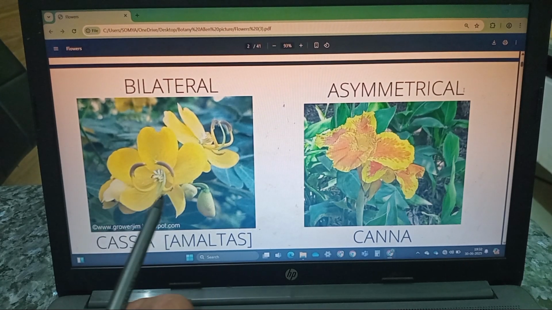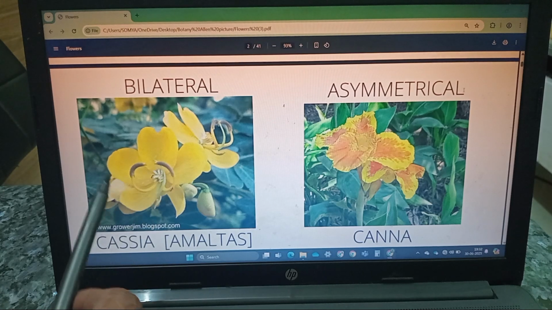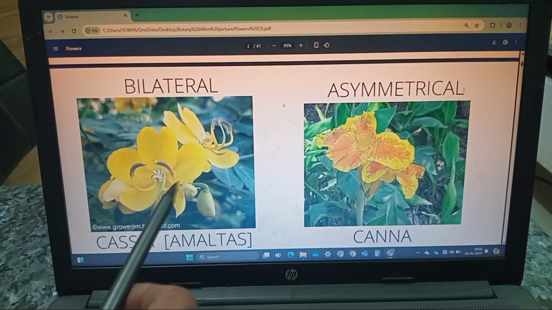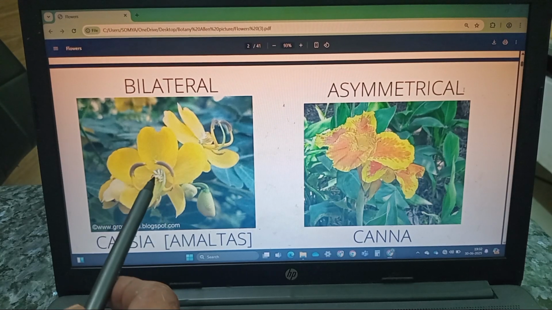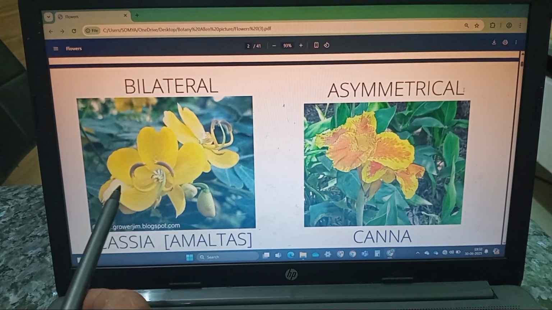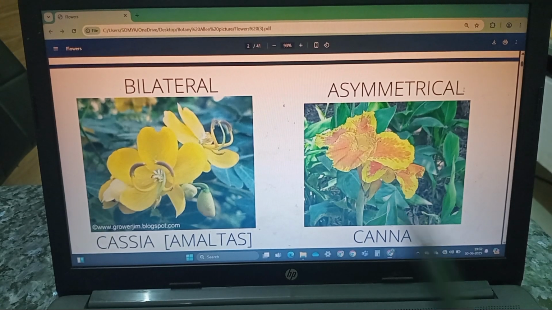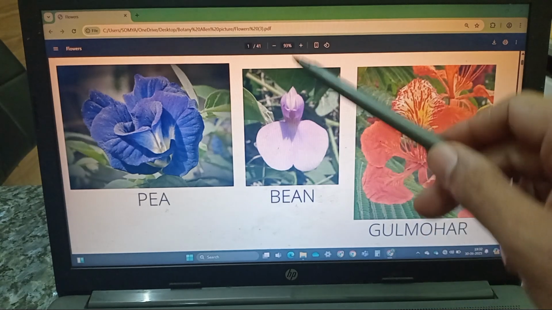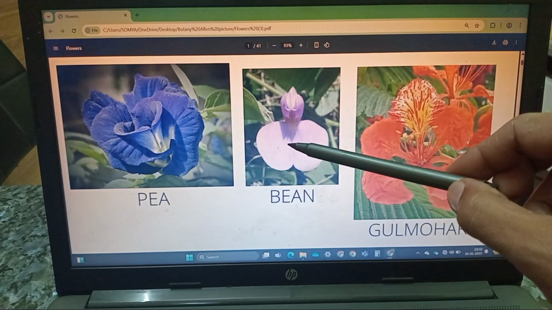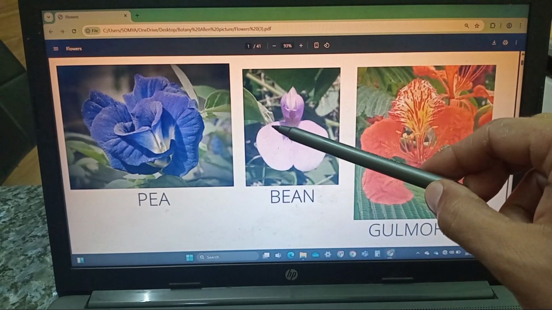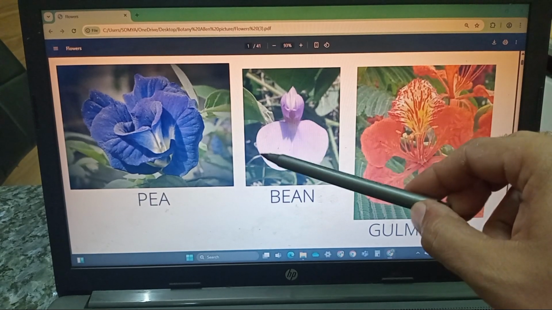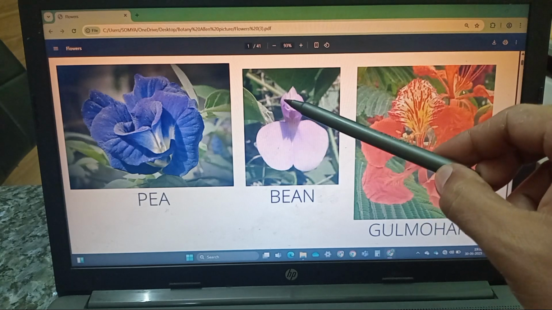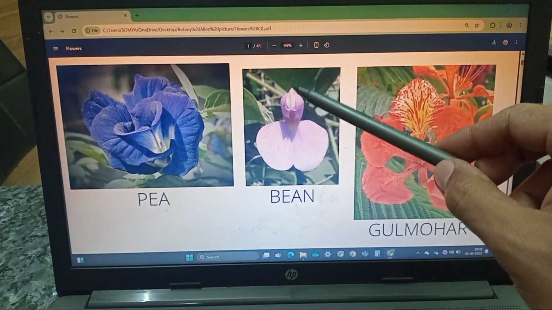This type of aestivation is called the imbricate aestivation. It is found in the cassia and in this gulmohar. But this type of aestivation is the vexillary aestivation. Here in vexillary aestivation this is the large standard, these are two laterals, and this is the keel.